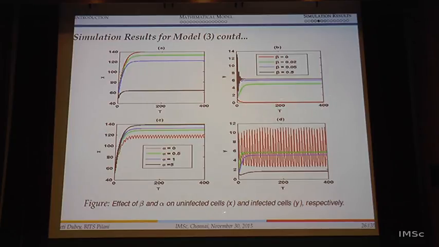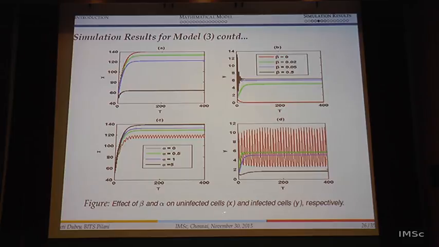So there is no infection. As we increase the infection rate, the uninfected cells go down, and the infected cells oscillate and then reach the steady point.